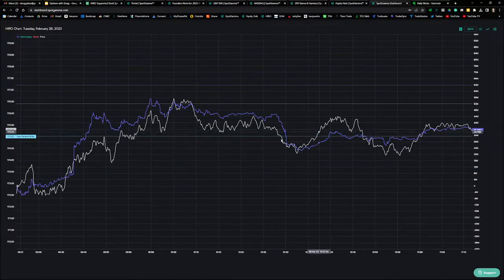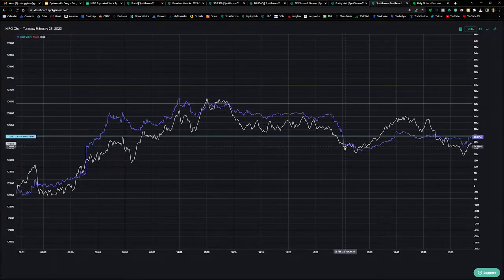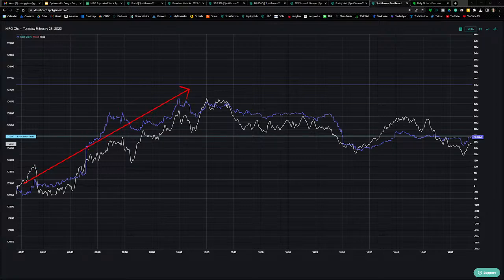And I'm going to zoom in on the morning session. It just has chopped since the first jump in the morning. So again, showing that traders are taking positive delta positions. Price is moving higher. Let's go take a look at Bookmap.